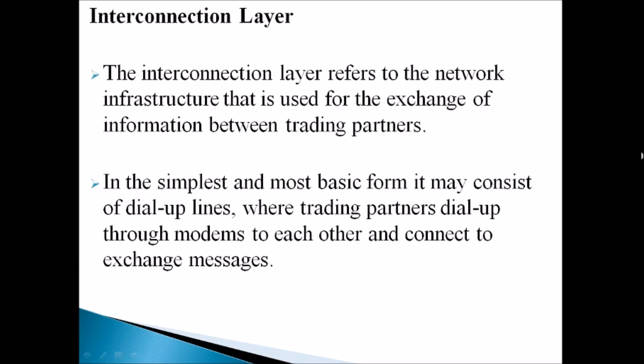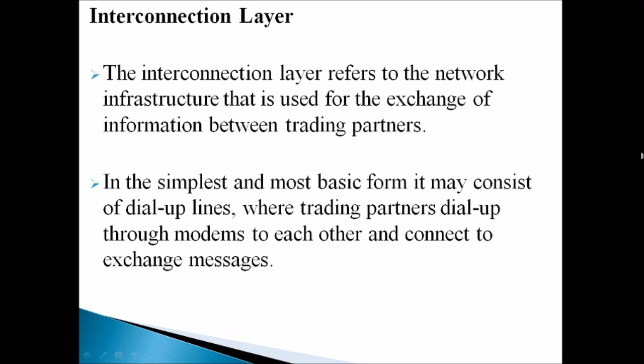The fourth layer is the interconnection layer. If we consider the transport layer as a bus, then the interconnection layer will be the pathway where the actual bus is going to travel. The email should be transmitted from one place to another place, isn't it? For that it needs some path. The path will be built by the interconnection layer.